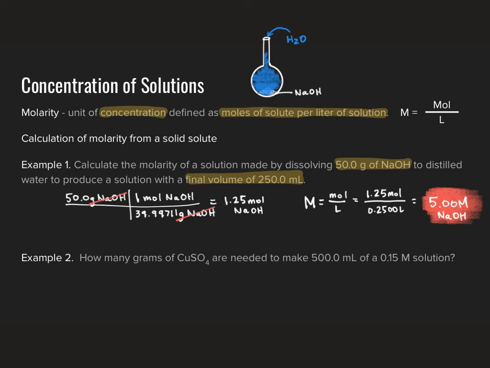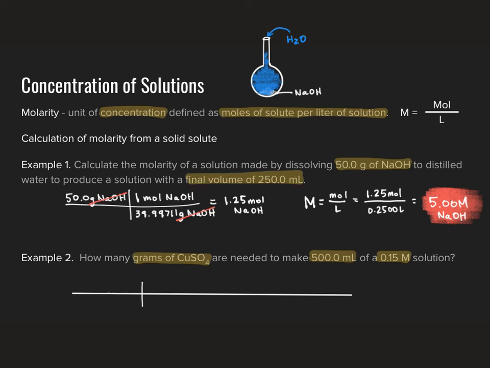So in this particular problem, I'm asking how many grams of copper 2 sulfate, CuSO4, are needed to make 500.0 milliliters of a 0.15 molar solution of copper 2 sulfate. So thinking about setting up a monorail here, monorail. At this point, I've got two different given values. I've got my volume of 500 milliliters and my molarity of 0.15 molar.